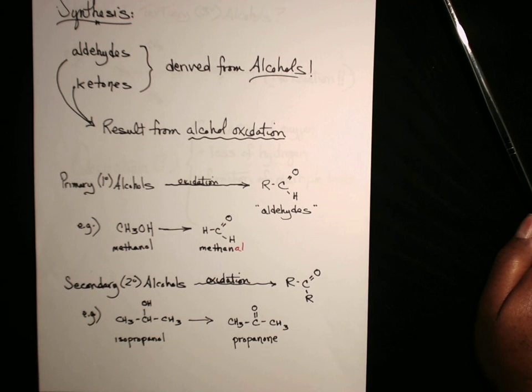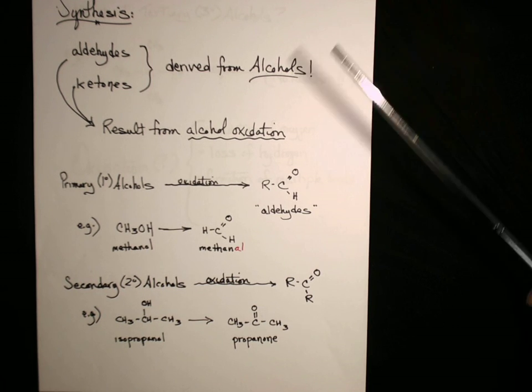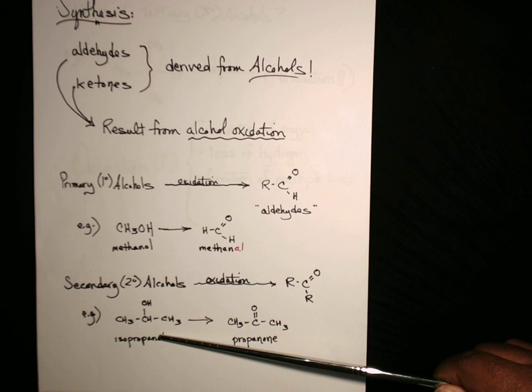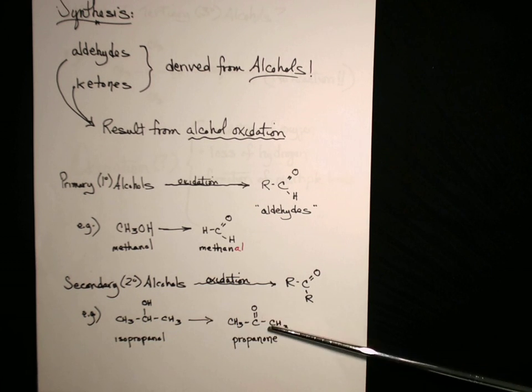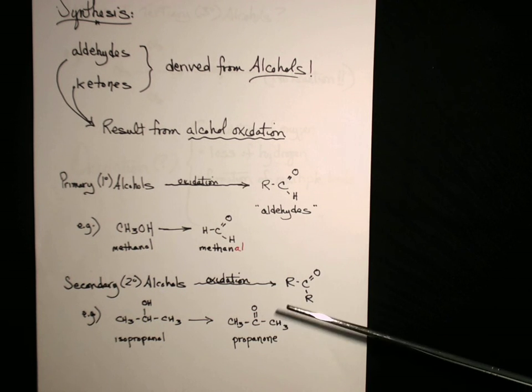Secondary alcohols are typically oxidized to form ketones. So if I have isopropanol and I oxidize it, I will come away with propanone or acetone.